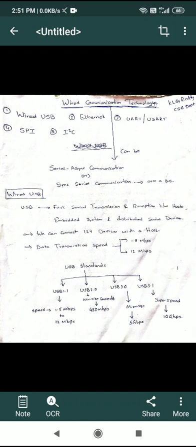The latest and most advanced one is USB 3.1. Many companies are still performing research on USB 3.1; up to now USB 3.0 is available. This 3.1 is also called super speed USB, and it supports data transmission speed up to 10 Gbps, which is the fastest.